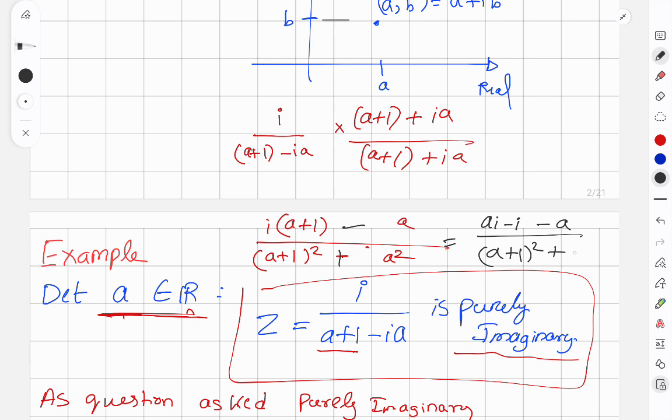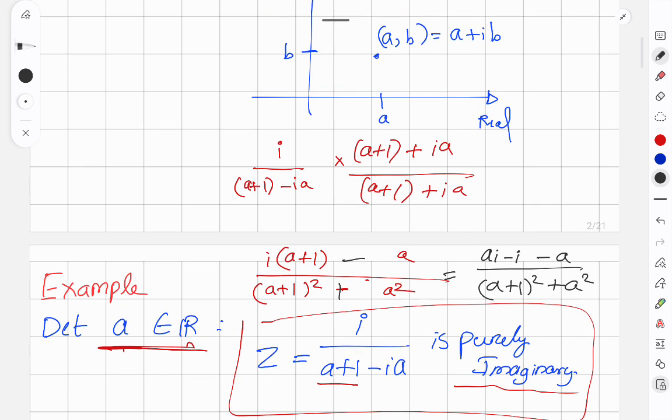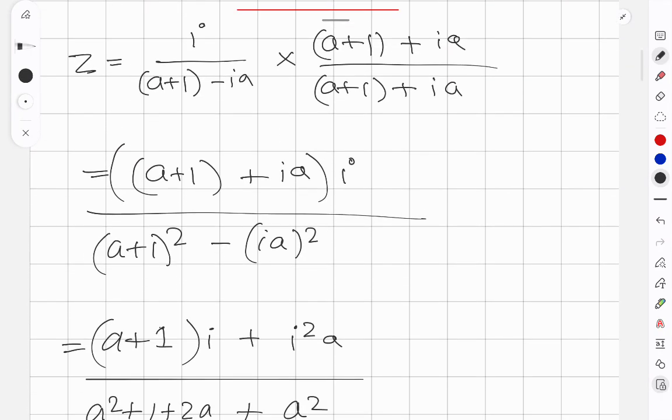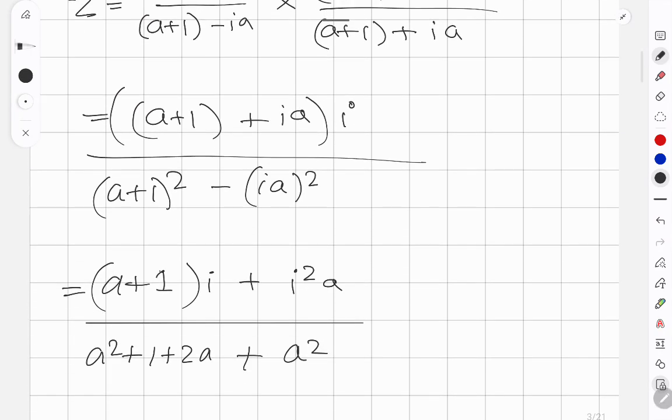Sorry, yeah, you are right, it's a square. So if I want to separate the real part and imaginary part, I can write this as minus a divided by this function, whatever it is, and I can take the i part over here as a minus 1 divided by the function. In the big picture, until now I had just multiplied the i over here.